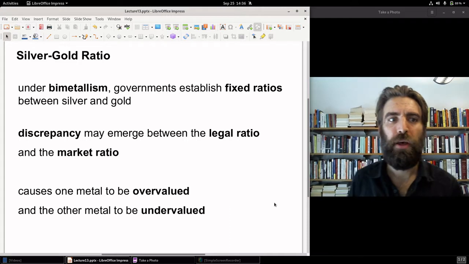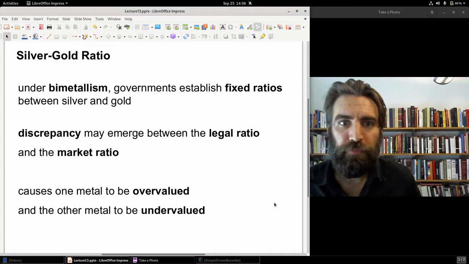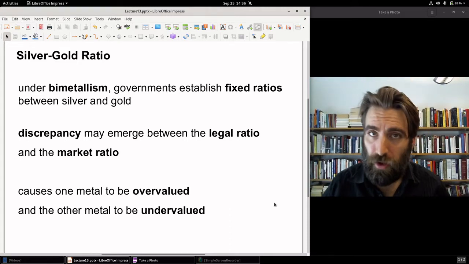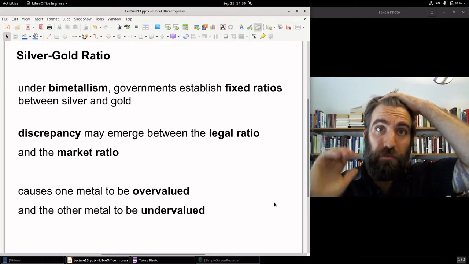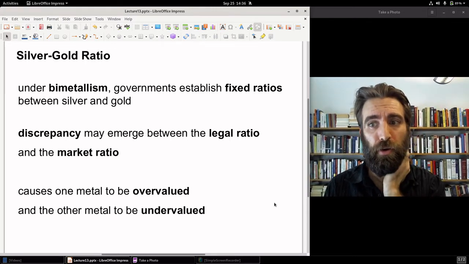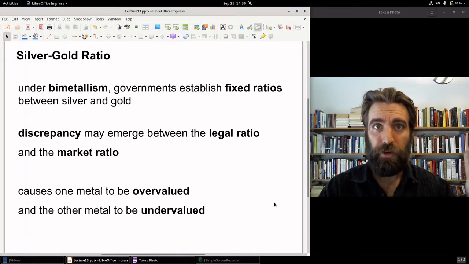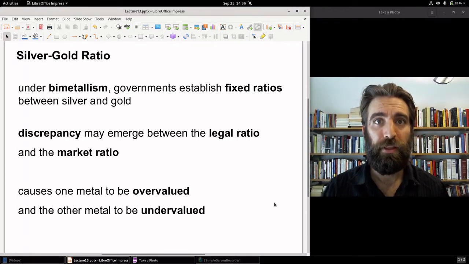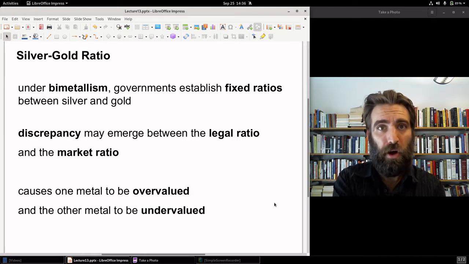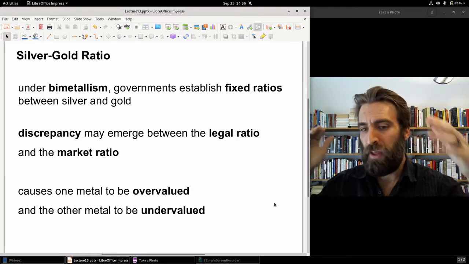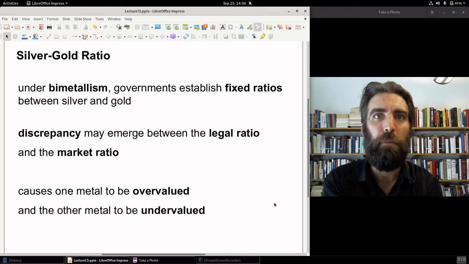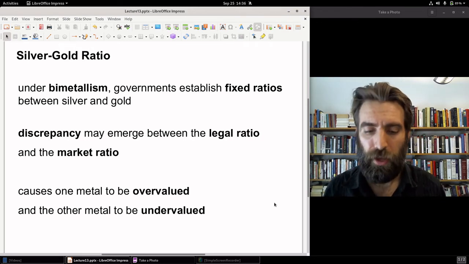Here's the issue. Under bimetallism, governments historically have established fixed ratios between silver and gold. They'll fix the official ratio, the legal ratio. They'll put that in law, write it into law, and say X amount of silver equals Y amounts of gold. Okay?